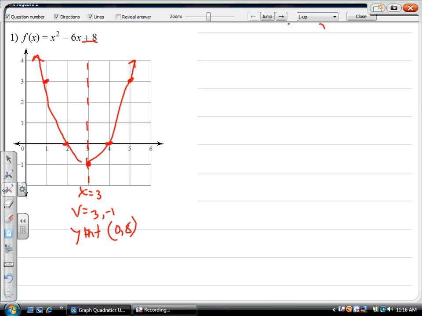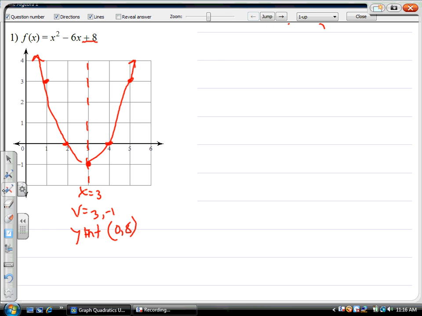In this case, this problem was real easy to work with because it could be factored. So I'm just going to prove that the points (2, 0) and (4, 0) are right using the quadratic formula. And again, that's usually a problem for some people, so this is something that's going to take a lot of practice.